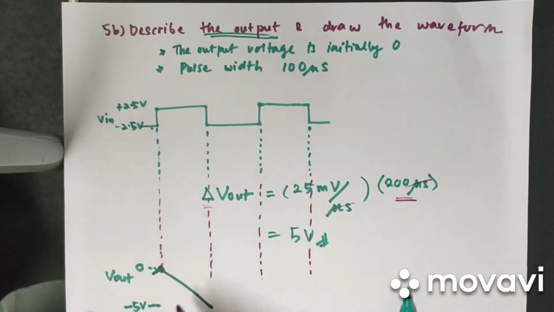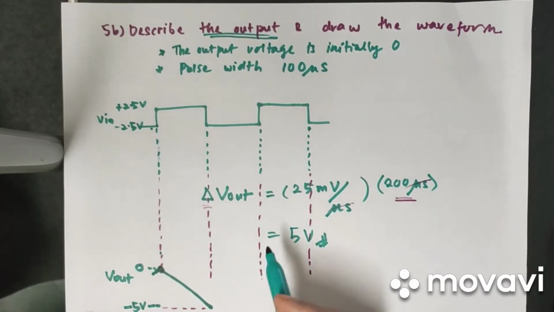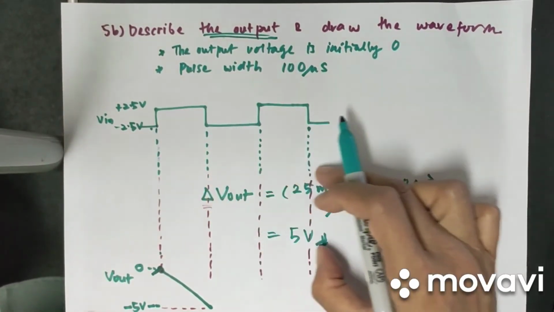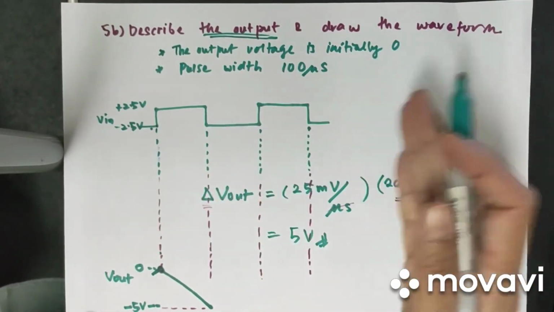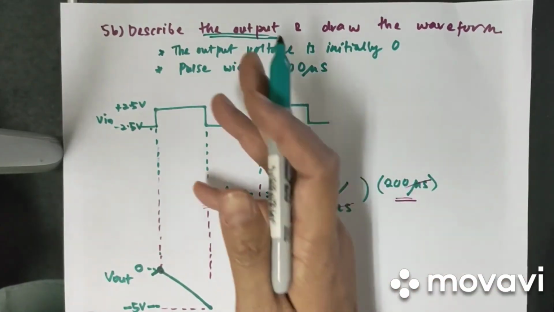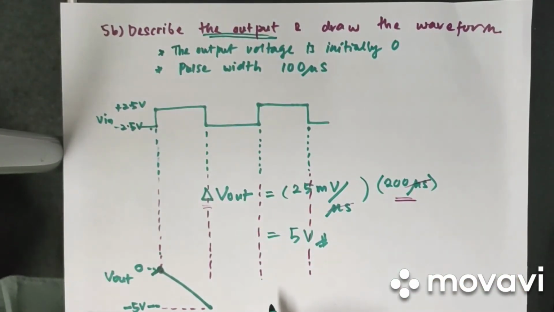Sorry, my drawing is getting a bit messy. Your solution should be somewhere on a clean space. So you see it going ramp down.